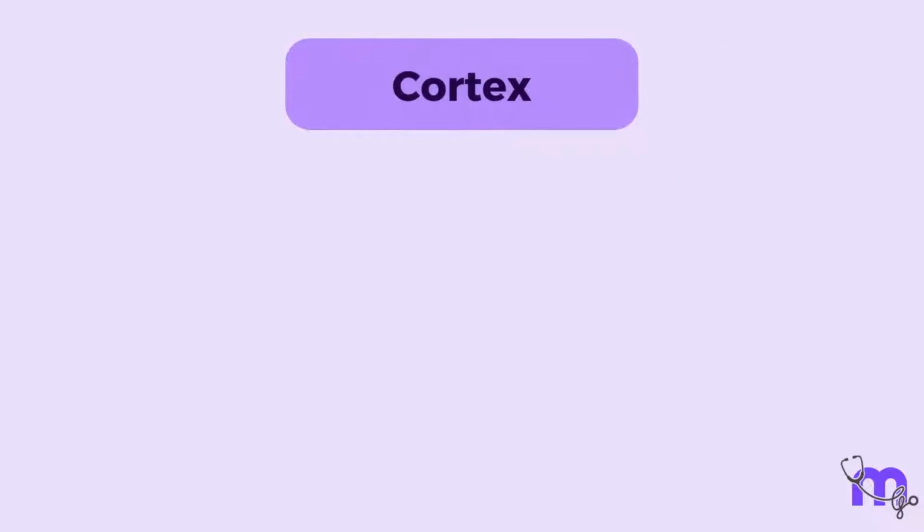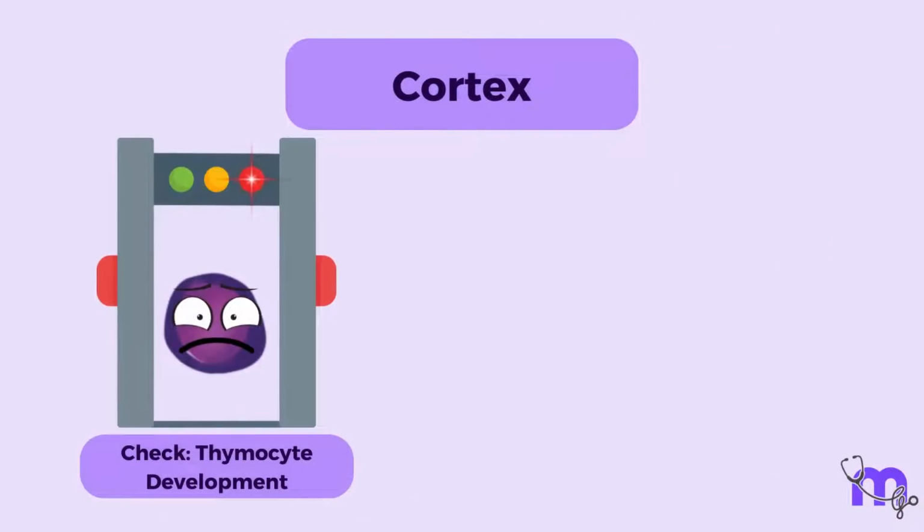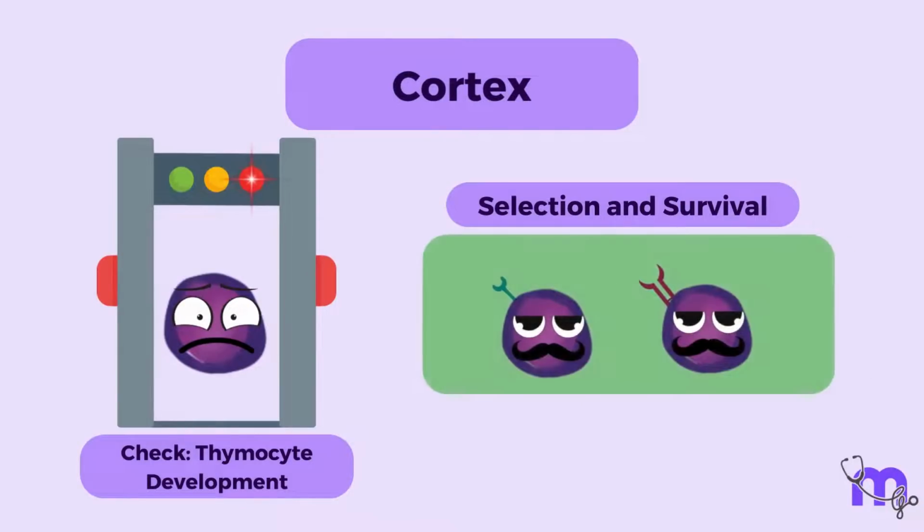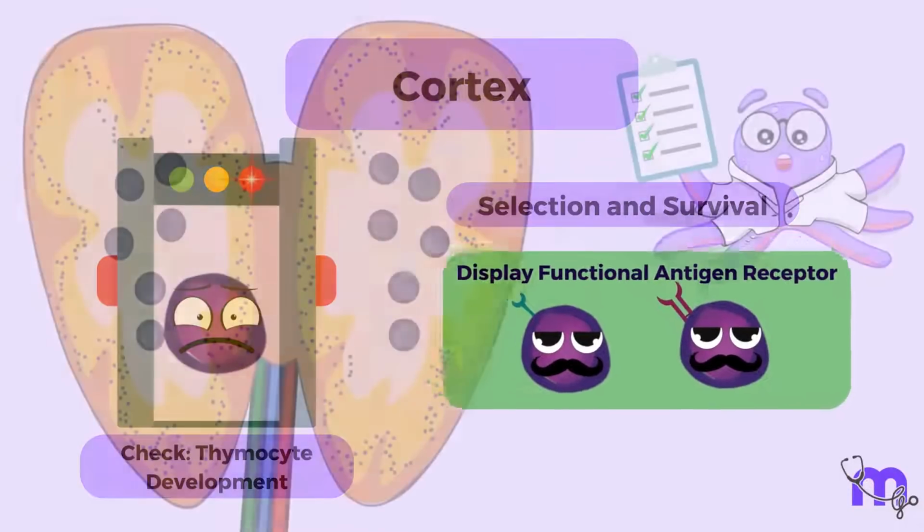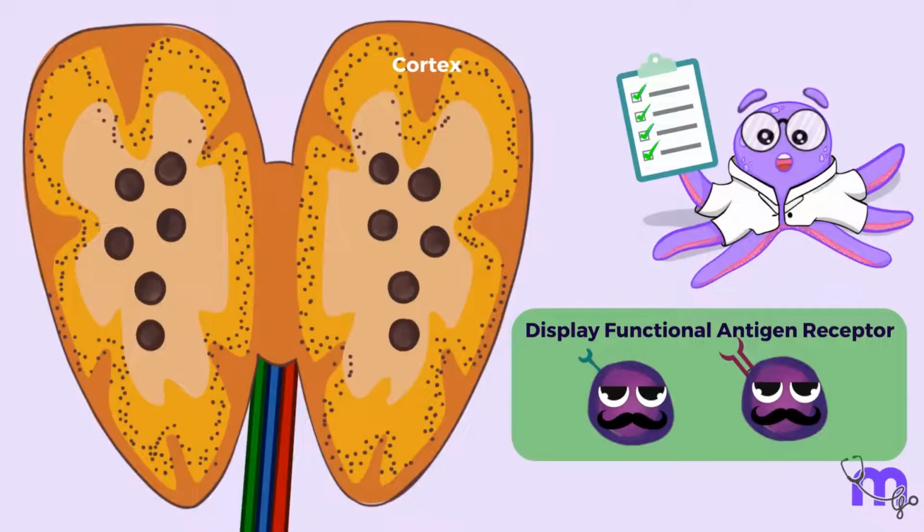The cortex acts as a checkpoint for thymocyte development, allowing for the selection and survival of T cells that display functional antigen receptors. Thymocytes that complete these developmental checkpoints progress towards the medulla for further maturation.